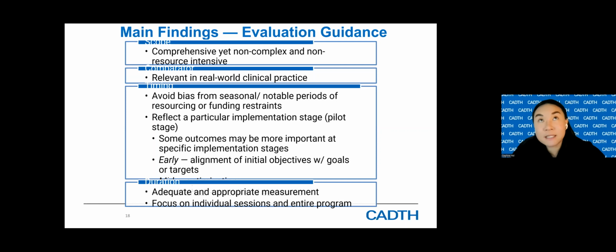If it's a more mid-stage evaluation, then outcomes could measure optimization, versus if it's a more established stage, then outcomes could measure the social and economic impact. So the last consideration here is duration. So similar to timing, the duration is important to consider, as it should facilitate adequate and appropriate measurement, with guidance advising to focus both on individual sessions and the entire program. Okay, next slide.